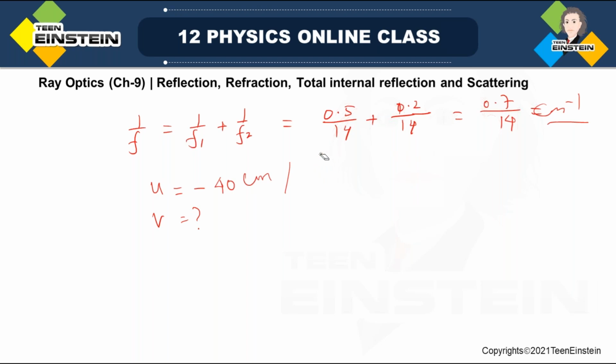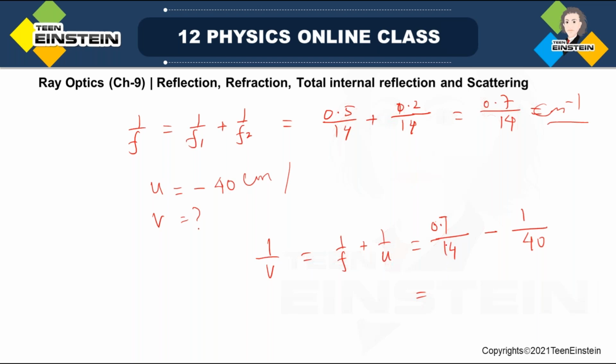Now if we apply the lens formula, 1 by v is equal to 1 by f plus 1 by u. So 1 by f here is 0.7 by 14, and this is minus 1 over 40.